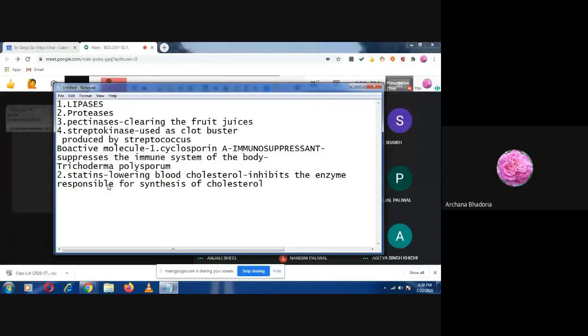Did you get it? Now remember the organism name. What is the name of the organism? It is again a fungus, and that is Monascus purpureus.